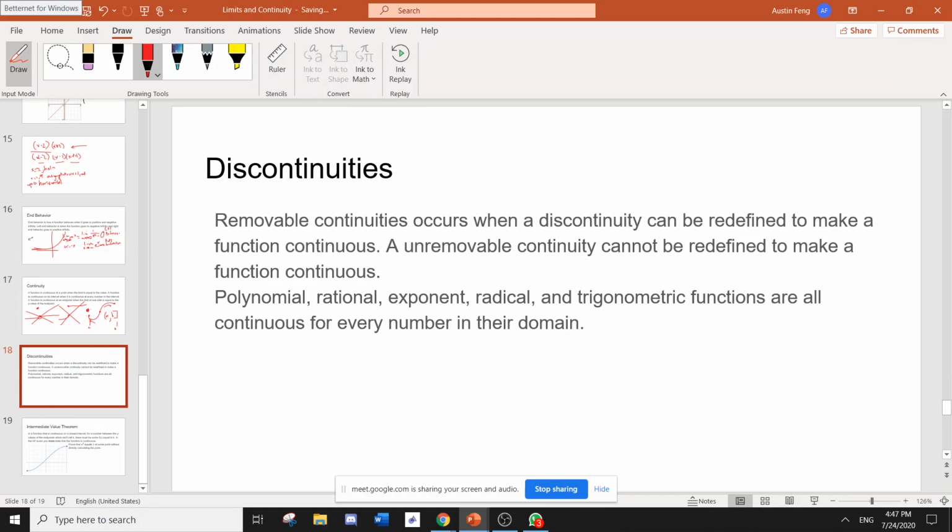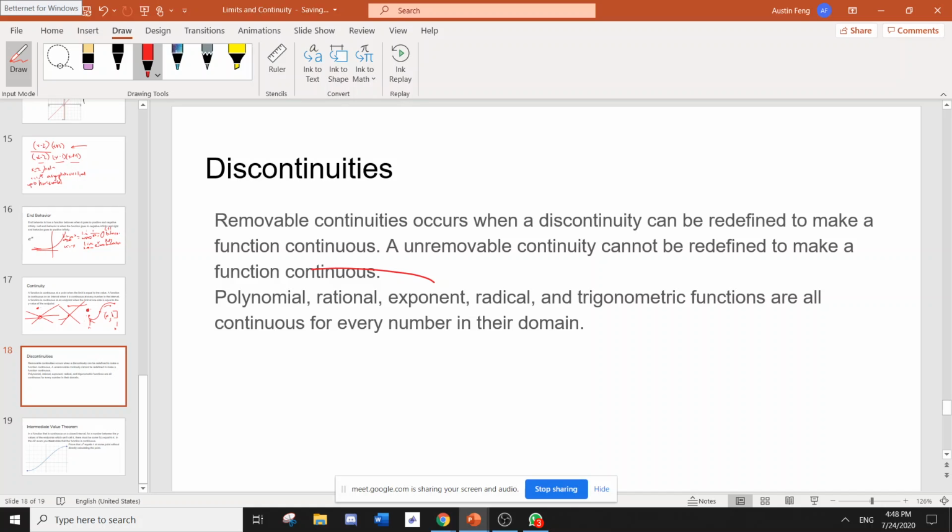Now, discontinuities. There are 2 kinds of discontinuities, removable and unremovable. Removable is when we can take the discontinuity and redefine the single point to make the function continuous. An unremovable discontinuity is where we can't redefine the point to make the function continuous.